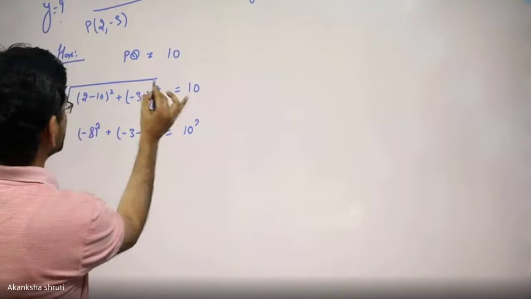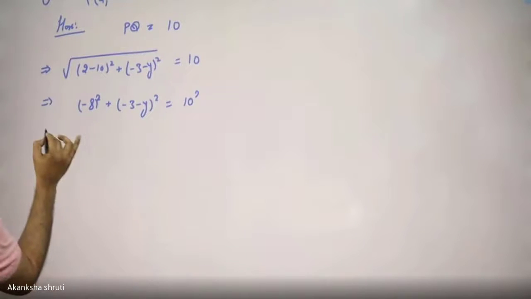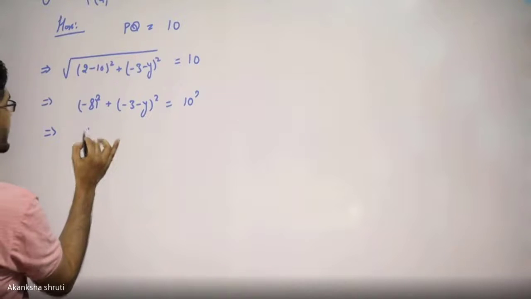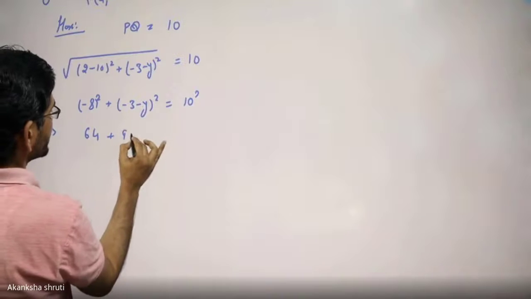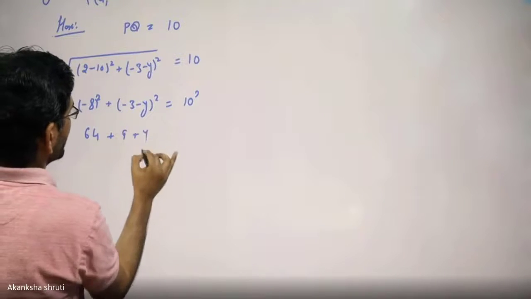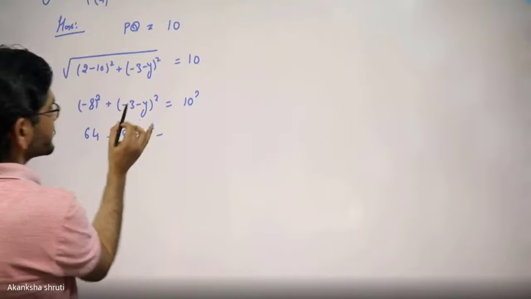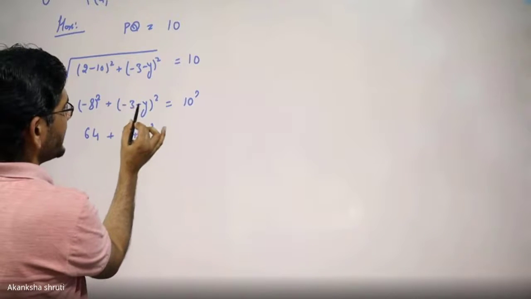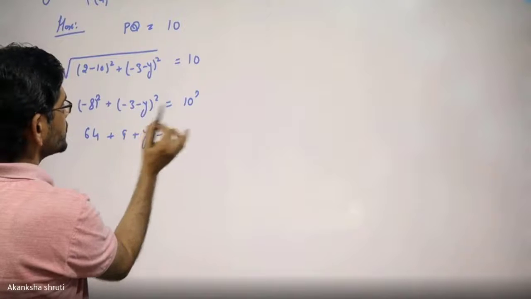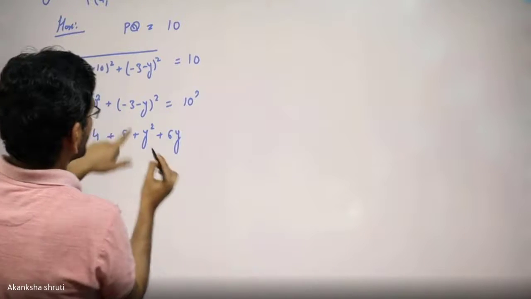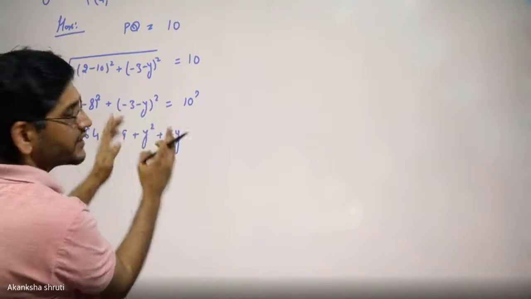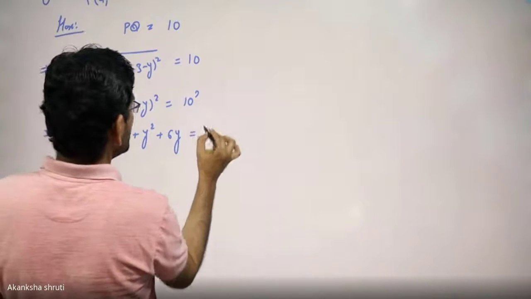We have just sent the square root to the other side as a square. Go for simplifying this. 8 times 8 is 64 plus, now it is a squared, 9, plus b squared, y squared. Then keep in mind it is a squared plus b squared plus 2ab; both are negative, so it will remain positive. 2 times 3 is 6y, because taking this minus 3 and minus y becomes positive. So this equals 10 squared, which is 100.